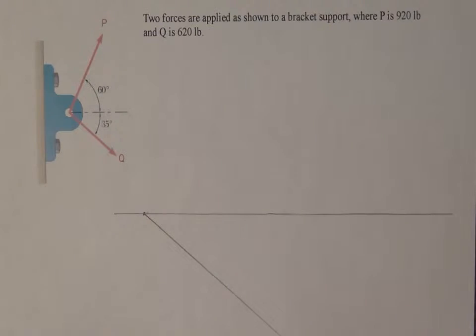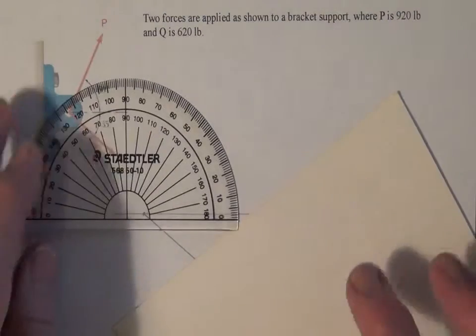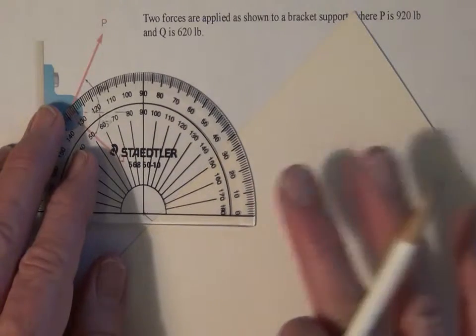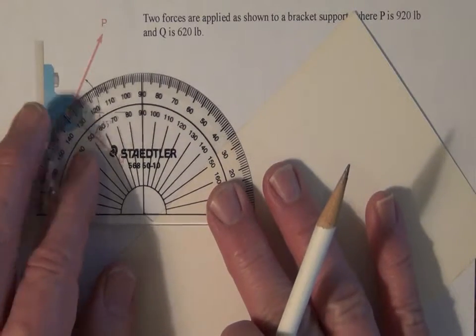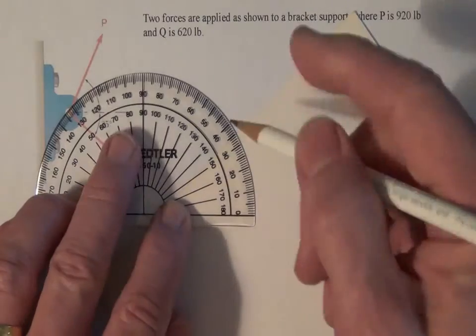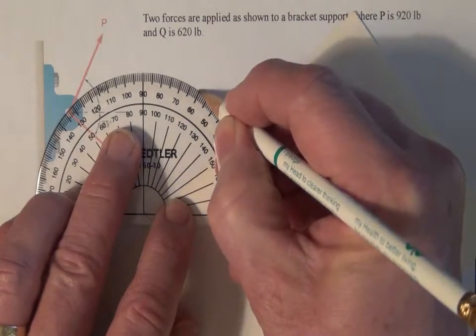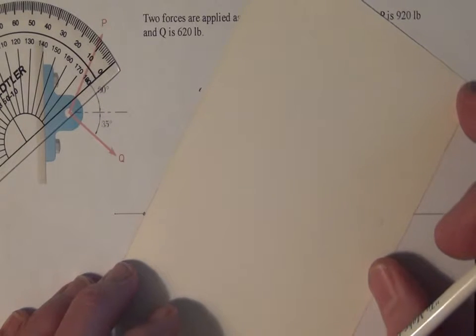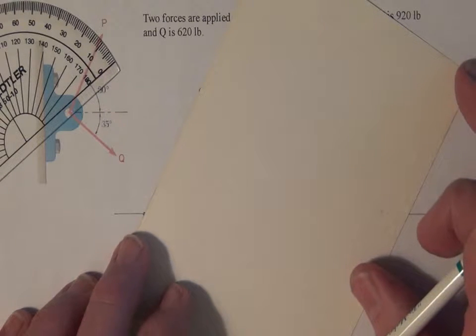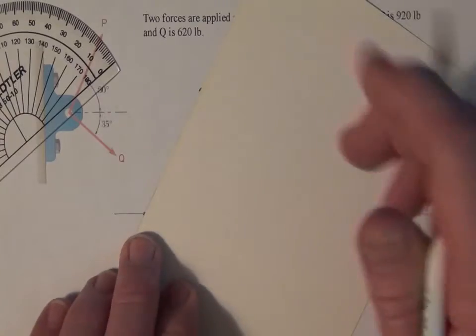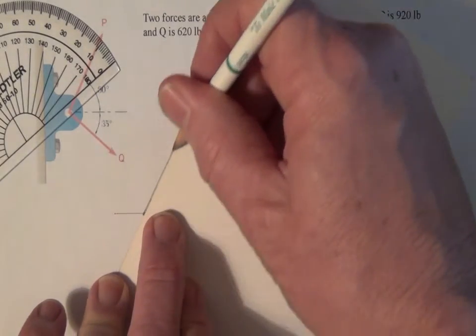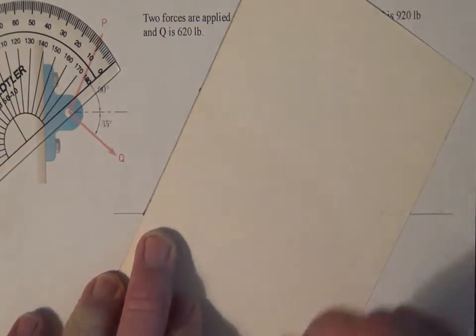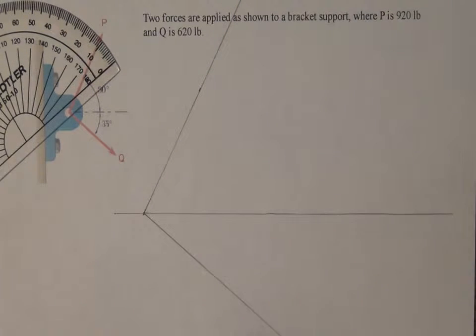And we go to 60 degrees to get the direction of the P vector. And now we need to find a magnitude.